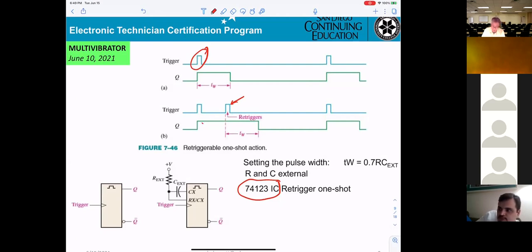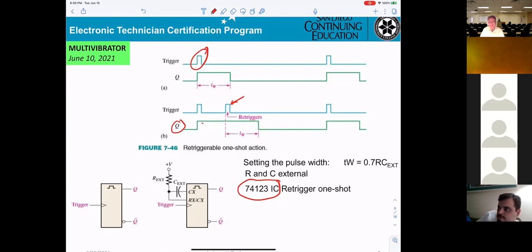So basically, the trigger coming in will affect the output of the circuitry. What is the use of this re-triggering?